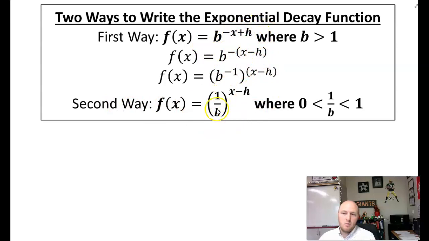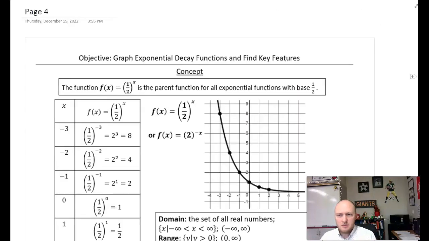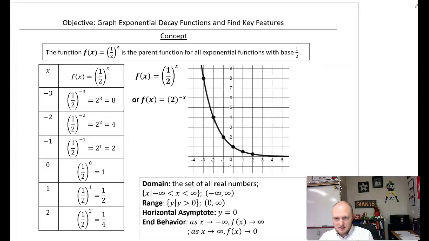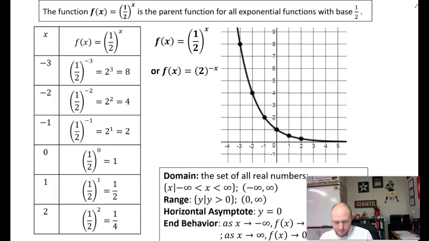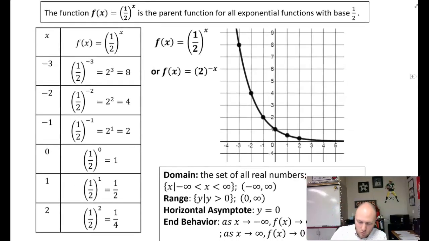The second way is where our base is 1 over whatever that base is, okay? So this would be like base 1/2. So we'll go ahead and look at the function f of x equals 1/2 to the power of x. Here is our first parent function that we're going to look at in this lesson, and this is base 1/2.